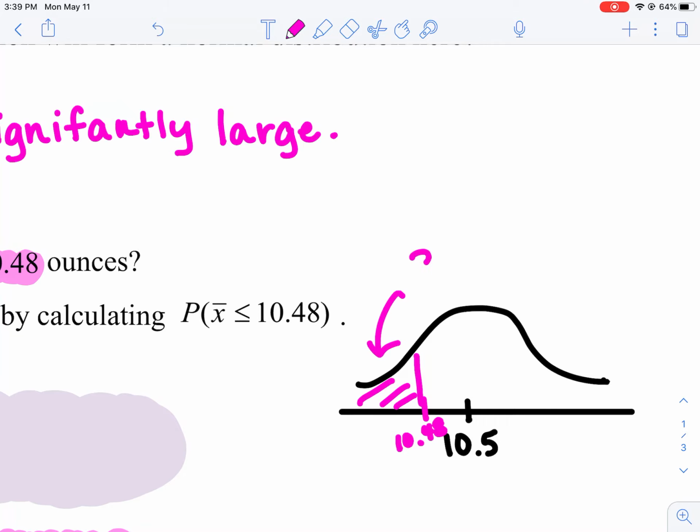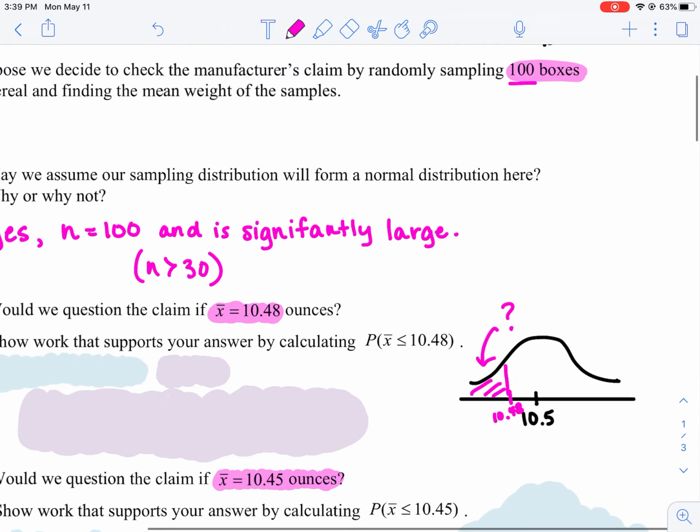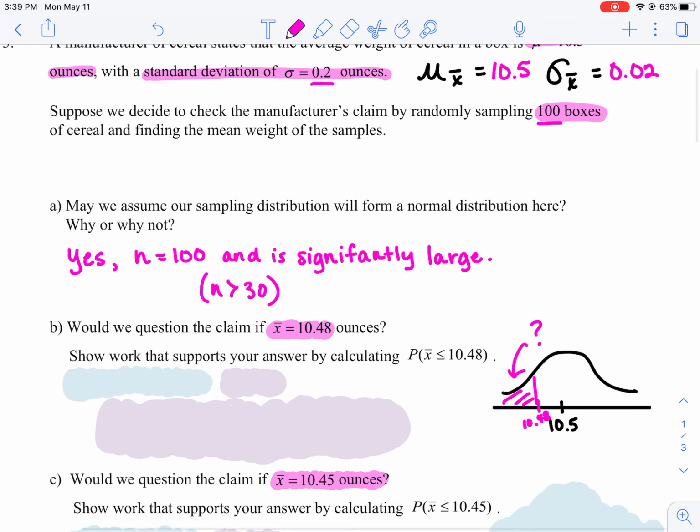If it's a really, really low probability, then we would question their original claim. What you're finding here is the probability that our sample mean is less than or equal to 10.48. Go ahead and calculate that using your calculator.